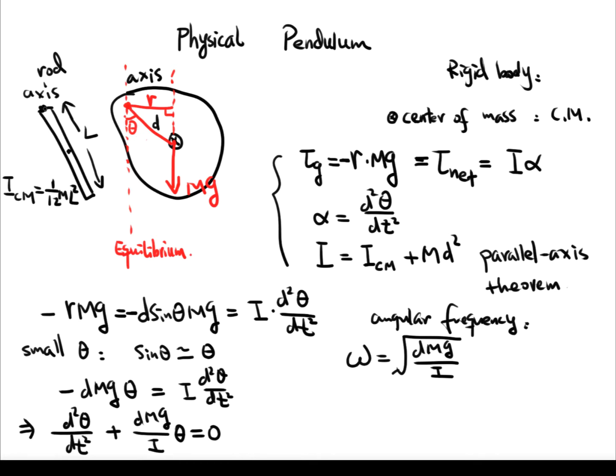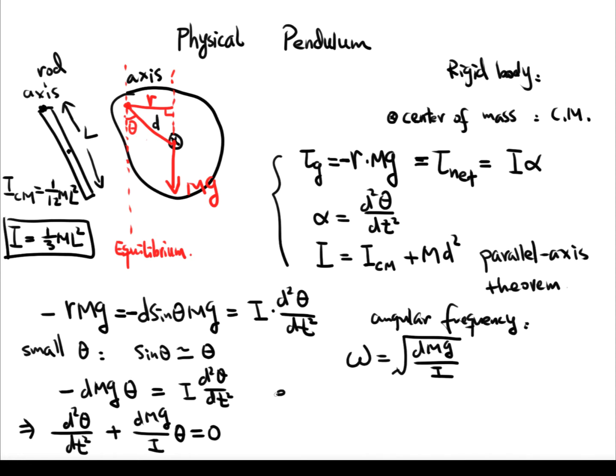With respect to this rotation axis, I is 1/3 m L squared. In fact, we just need to use this one. We don't actually need to apply the parallel axis theorem, but if you do, you will still get this moment of inertia.